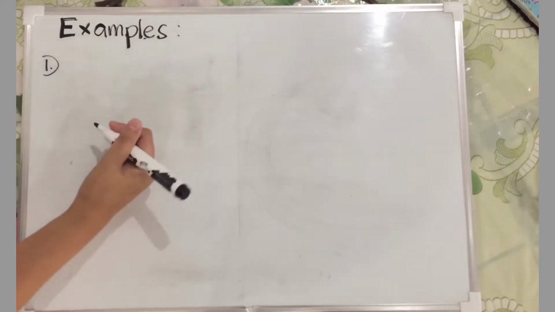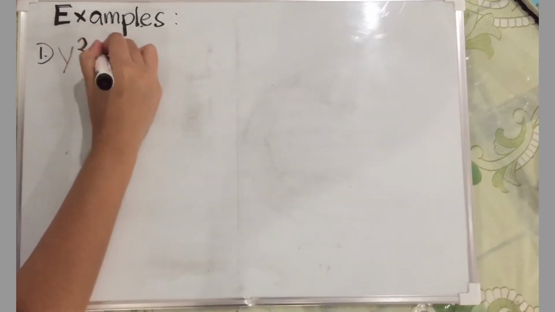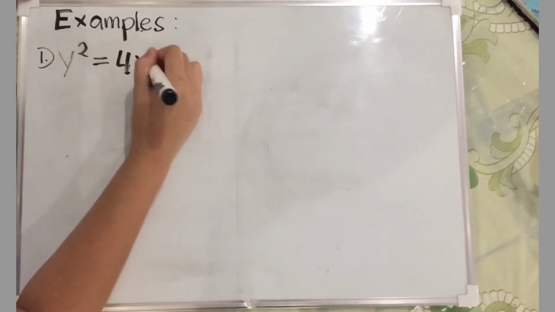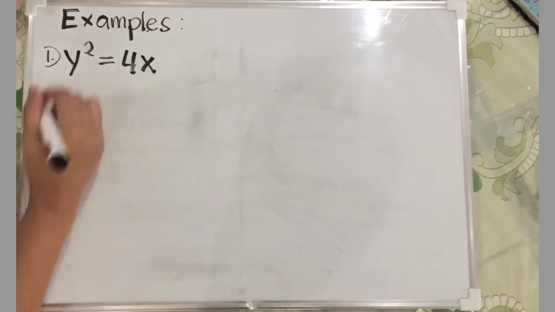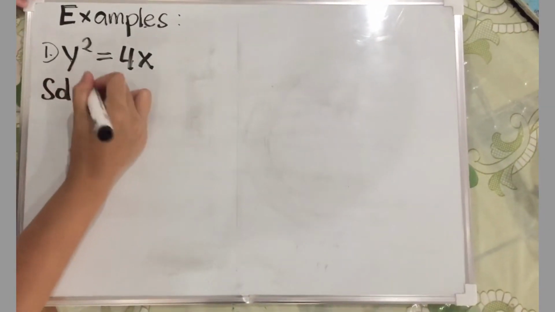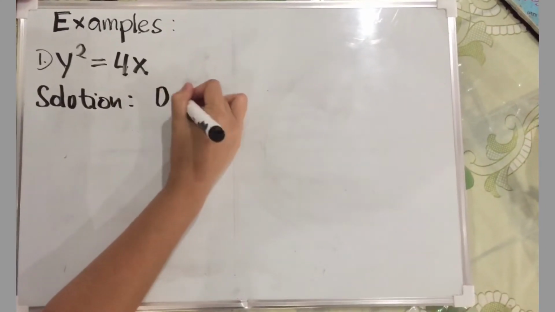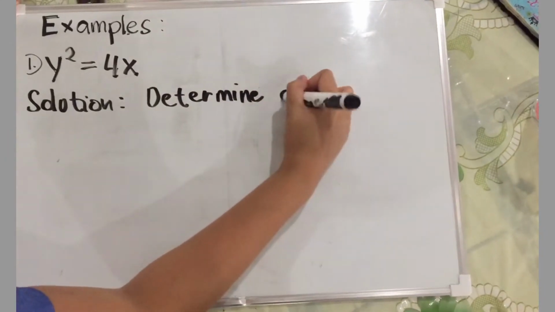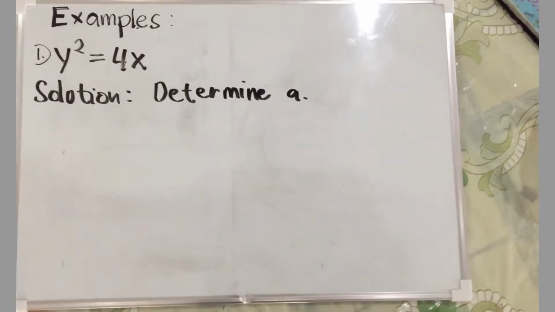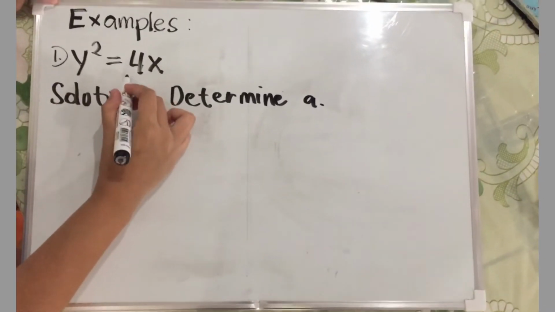So let's say for example number 1, sketch and discuss y squared equals 4x. So to find that, the solution first is we have to determine the A. So the A from the equation that is given is 4.